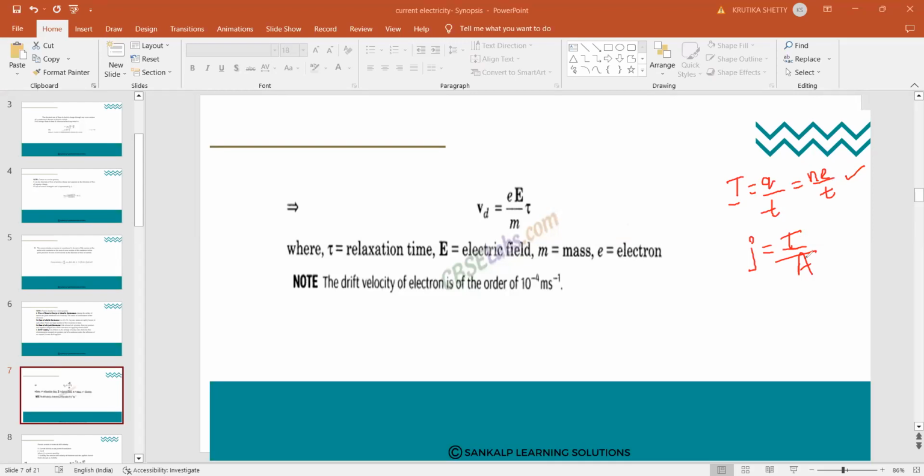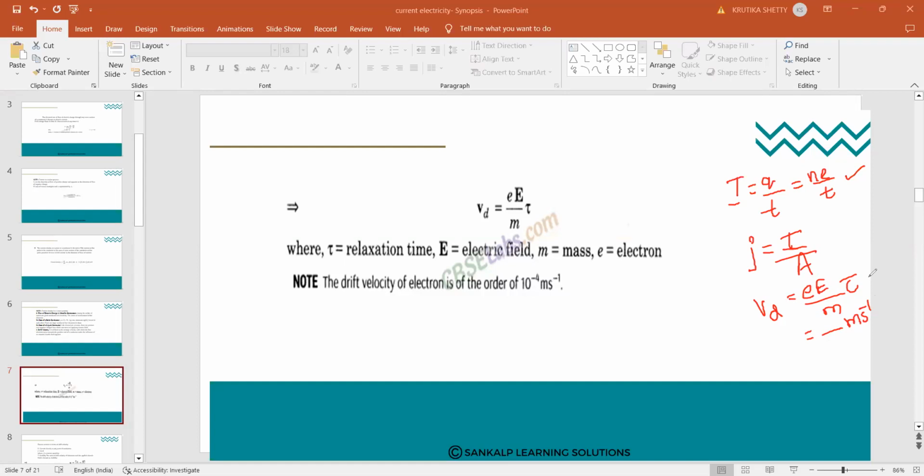Then the third formula for this slide: drift velocity is equal to eE upon m into tau, where e is the charge of the electron, E is the electric field, m is the mass, and tau is the relaxation time. When you calculate values, the answer should be expressed in meter per second.